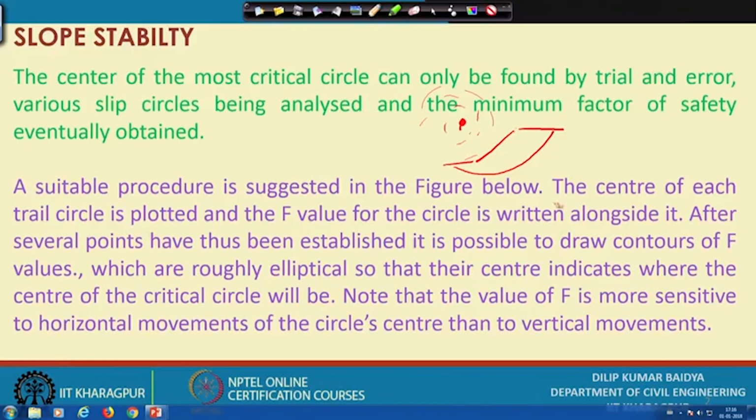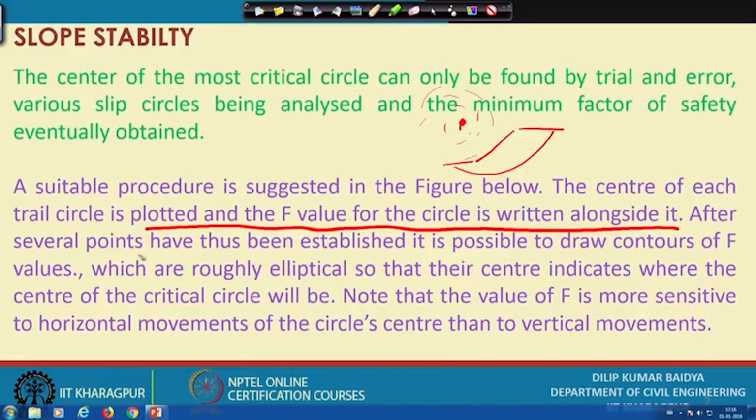You can see the center of each trial circle is plotted and the value of the circle is written alongside it. That means if I choose a point there, whatever factor of safety I get, I will write there.